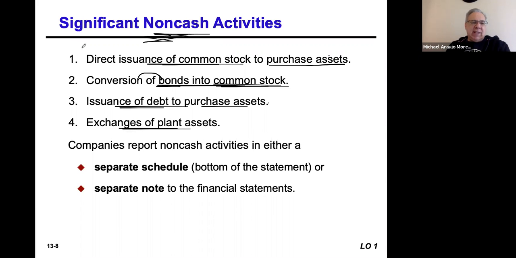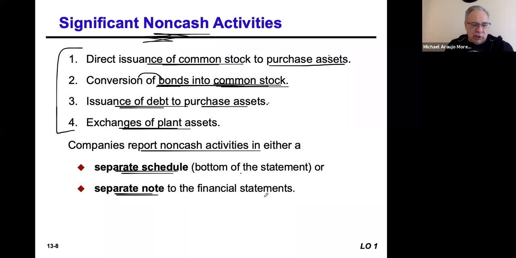So because these are significant, they need to be reported. So companies will report these usually in a separate schedule at the bottom of the cash flow statement. Some companies will simply put these as a separate note into the financial statements when they do that. But they must report them either way because they're significant.